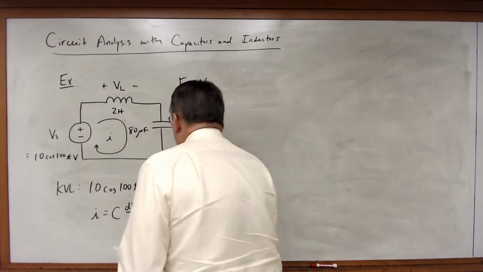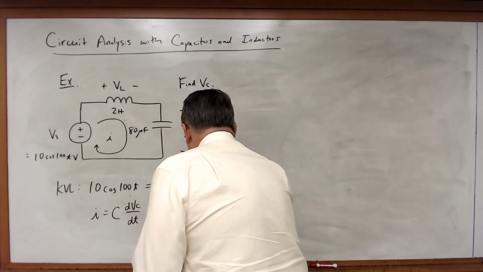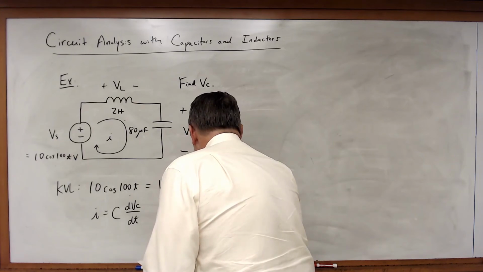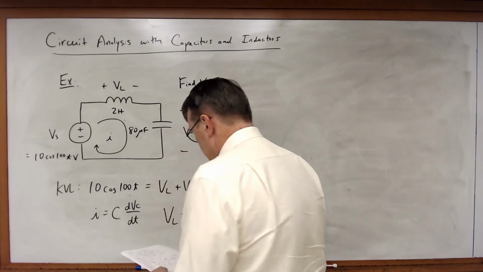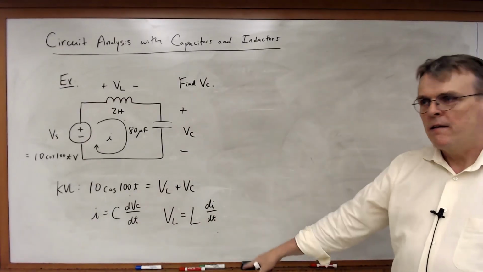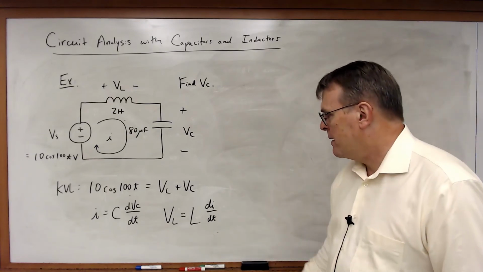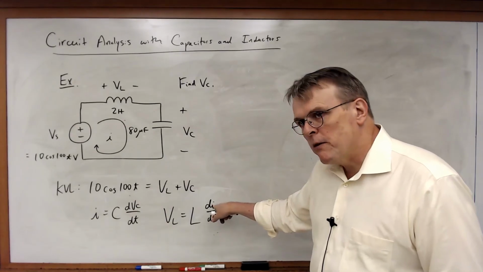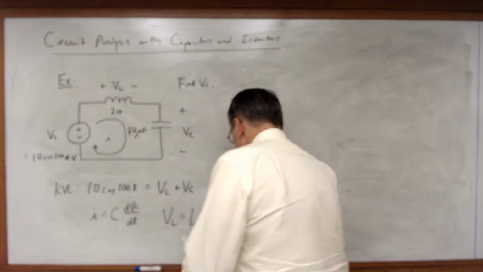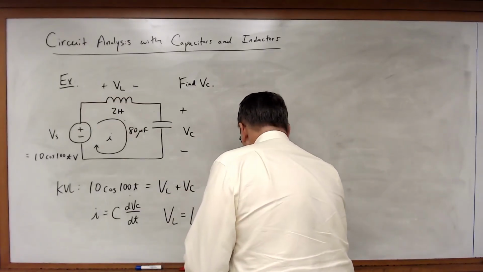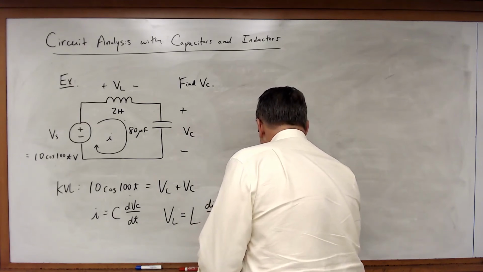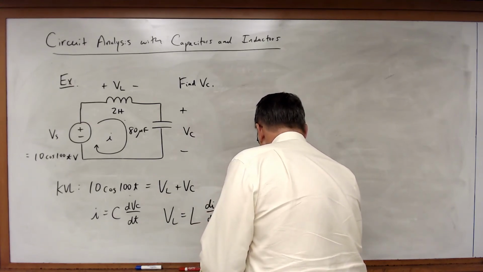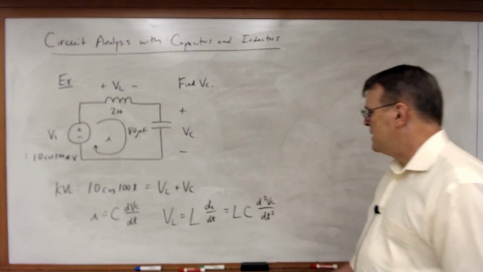VL, the voltage across the inductor, must be equal to L times di/dt by inspection. So I can take this I, take the derivative, plug it into here. So this is equal to L times C times the second derivative of Vc with respect to time.